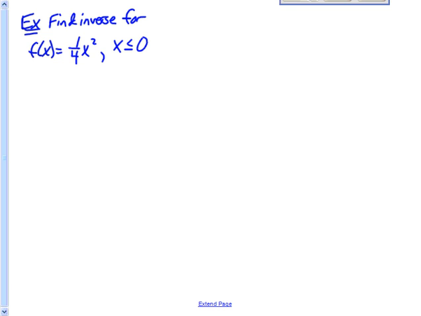Okay, find the inverse of the function there. Now, why in the world would they say find the inverse and then restrict the domain to only where x is less than or equal to 0? Well, to have an inverse in the first place, you have to be one-to-one, which means you pass the horizontal line test, okay, if you remember that.